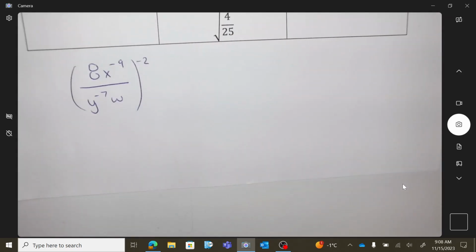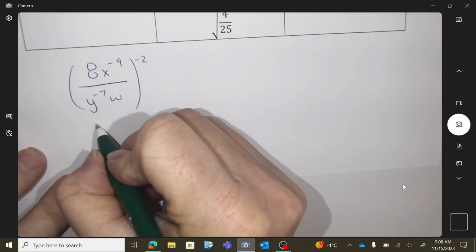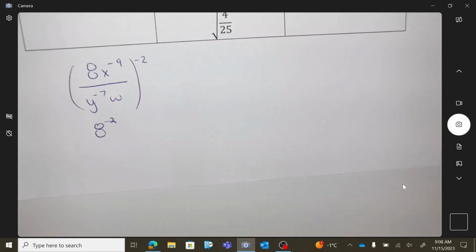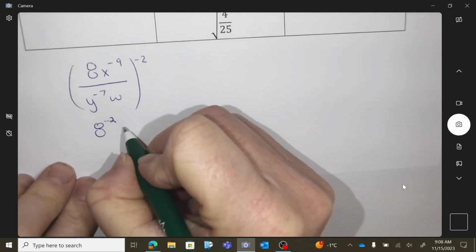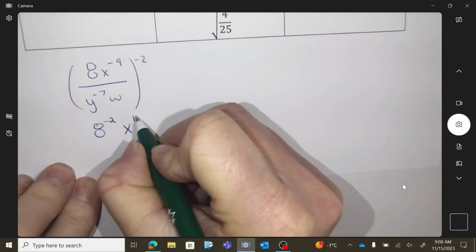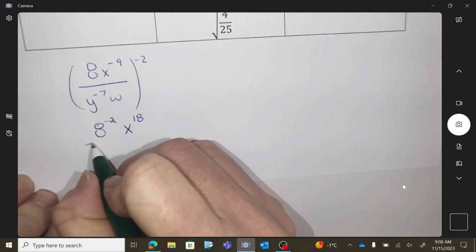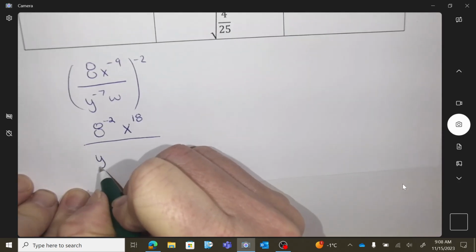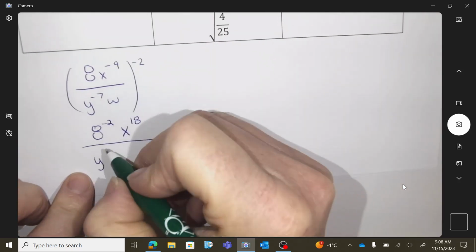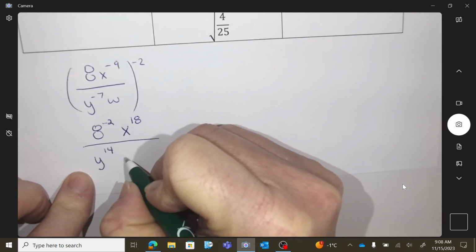Okay, so the first method is I'm going to apply the negative 2 to everything right now. So 8 to a negative 2. X to a positive 18. Y to a positive 14.